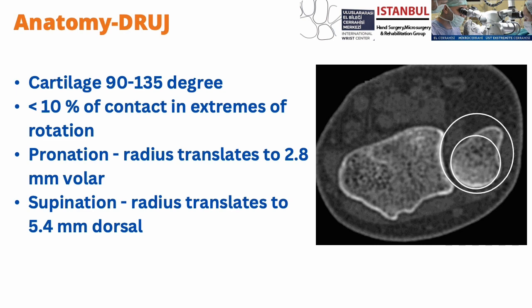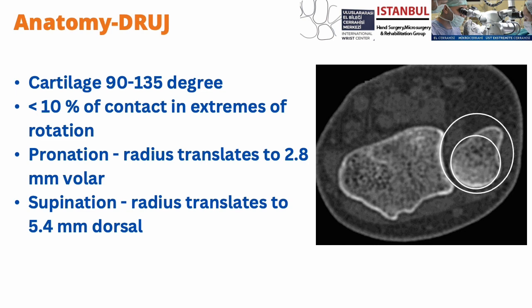Because of the inherently unstable DRUJ, apart from the rotation movement during pronation and supination, there will also be translation movement. In extremes of pronation and supination, there may be less than 10% of contact between these two bones.